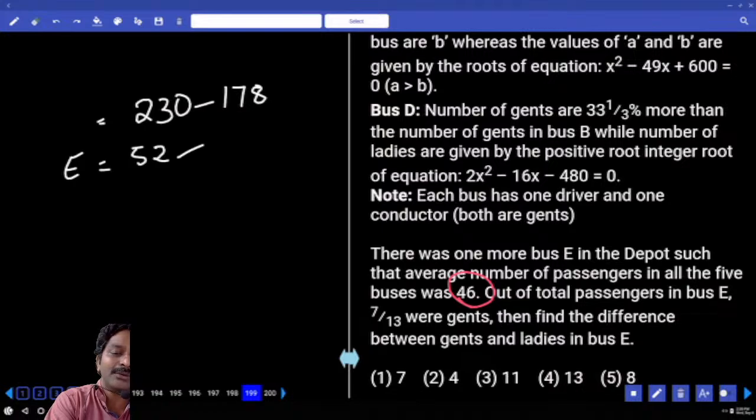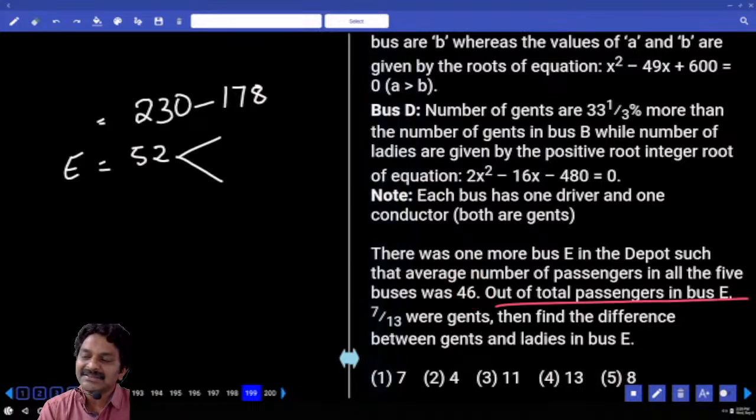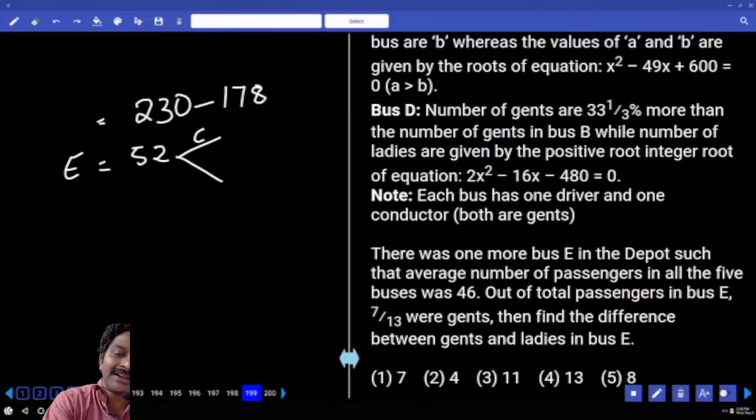Out of 52, again there will be ladies and gents, correct? Continue. Out of the total passengers in bus E, 52 passengers, 7 by 13th were gents. So let's first calculate 1 by 13th of 52. How much is that? 4. 7 by 13 means 7 into 4, which is 28. Then the remaining value, 24, belongs to ladies.